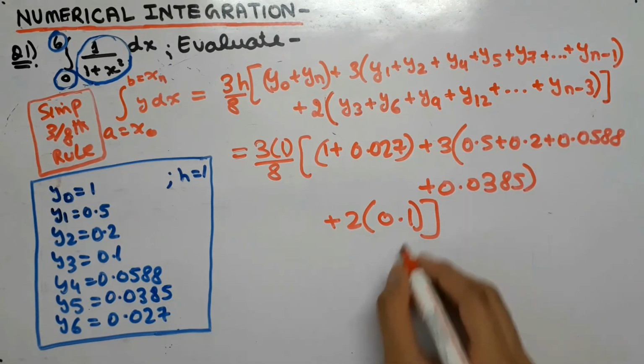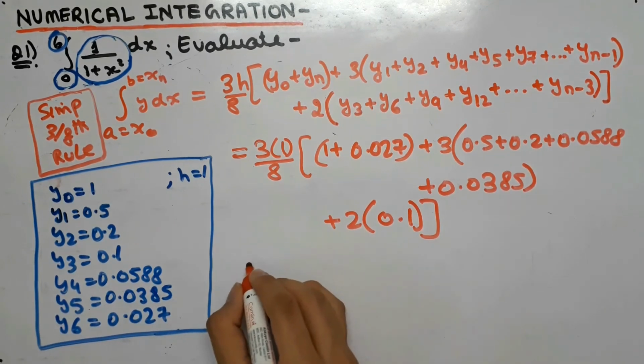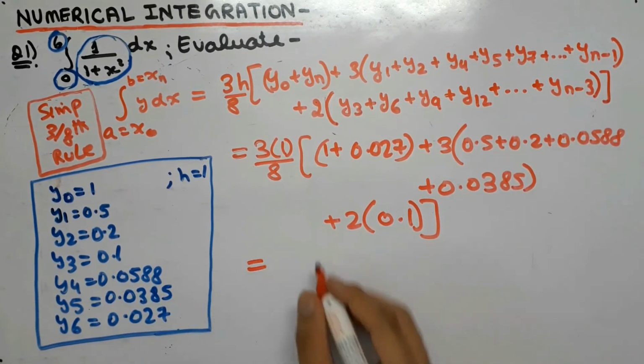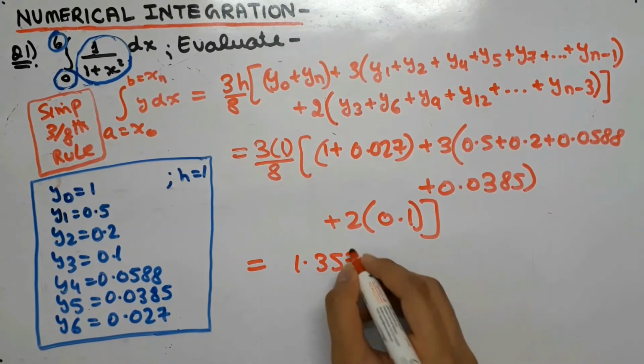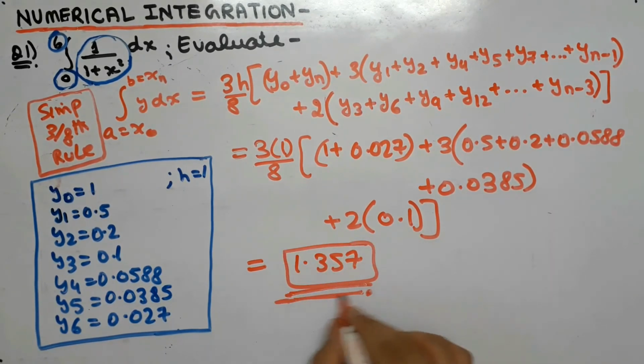Now we will solve this and you will get the answer as 1.357, which you will notice is quite close to the answers that we got by the trapezoidal rule and Simpson's 1/3 rule.